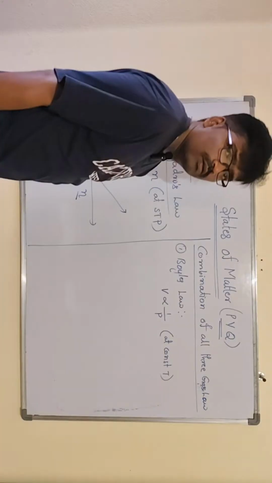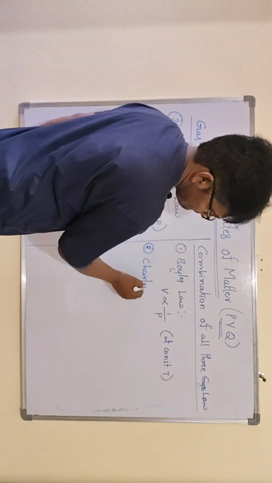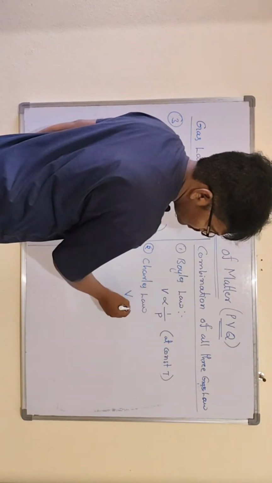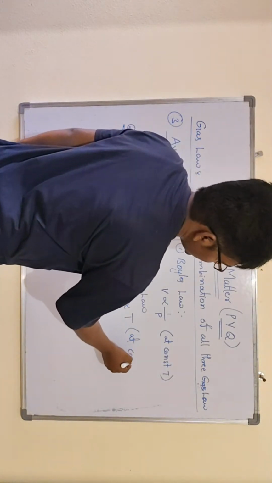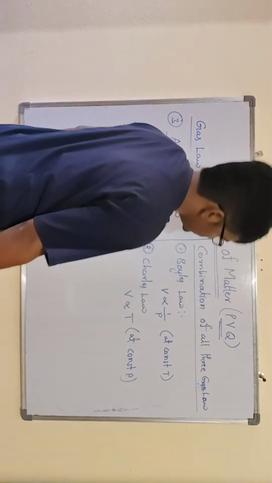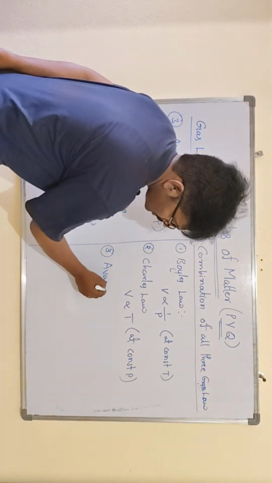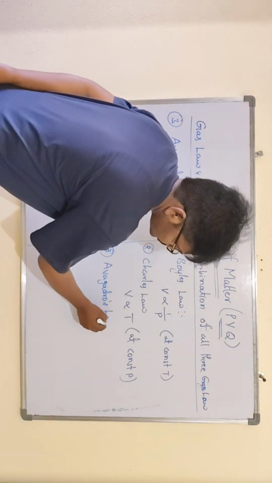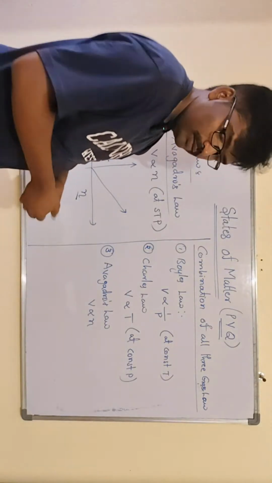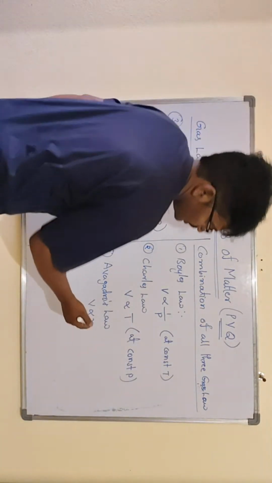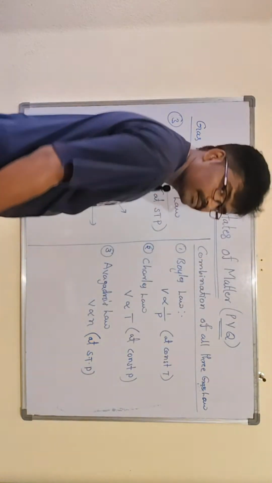Second, Charles' law: volume is directly proportional to absolute temperature at constant pressure. Then third, Avogadro's law: volume is directly proportional to number of moles at STP conditions, standard temperature and pressure conditions.